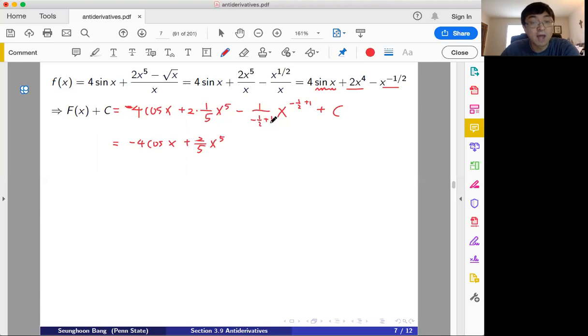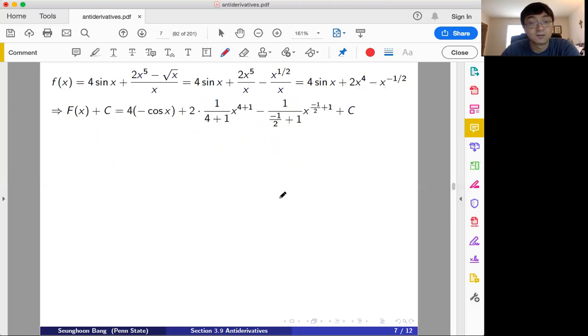The negative 1 half plus 1 is 1 half. You can flip: 2 x to the 1 half plus c. You can change back to radical form. You have to keep this one: plus 2 over 5 x to the 5, negative 2 times the square root of x plus c. That's it.